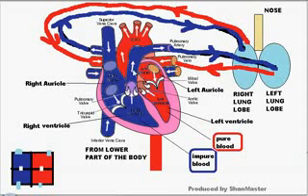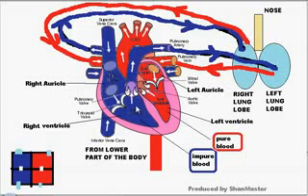Now, the impure blood from the right auricle moves into the right ventricle when the heart pumps. The pure blood from the left auricle moves into the left ventricle when the heart pumps. And this pumping is simultaneous. When the top chambers pump, through the valves that you see here in white color, on either side, left side and right side, the blood flows through the valve into the ventricle.